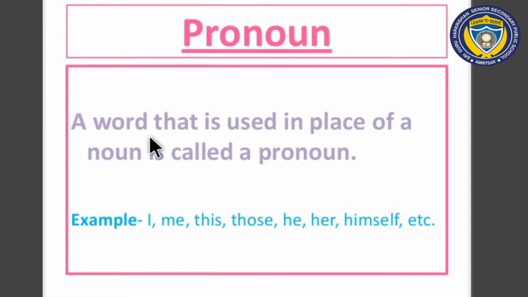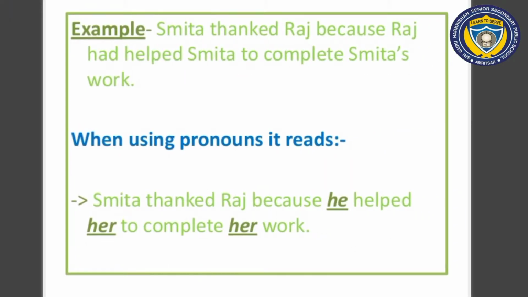A word that is used in place of a noun is called a pronoun. Example: I, me, this, those, he, her, himself, etc. Example for more clarity: Samita thanked Raj because Raj has helped Samita to complete Samita's work. In this example, you can see we have used Samita again and again.